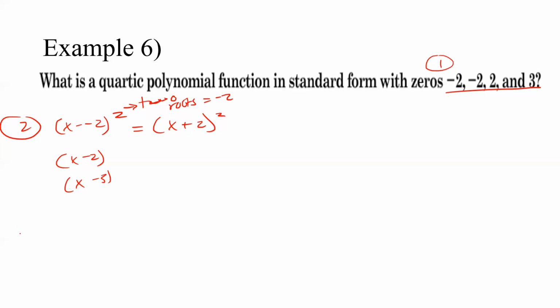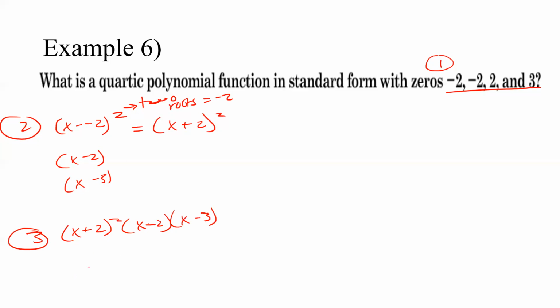Okay, so step 3 is where we multiply. So I have x plus 2 squared times x minus 2 times x minus 3.